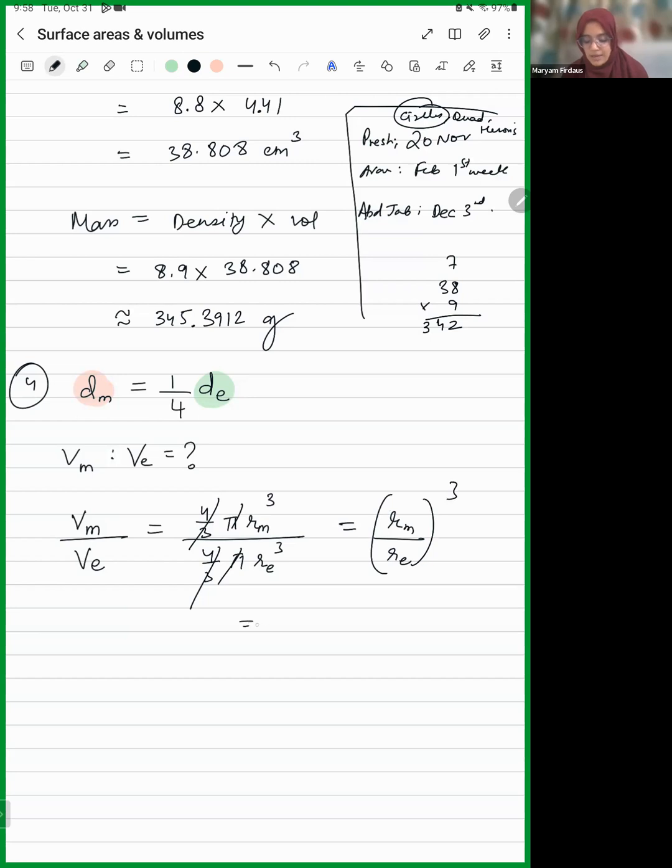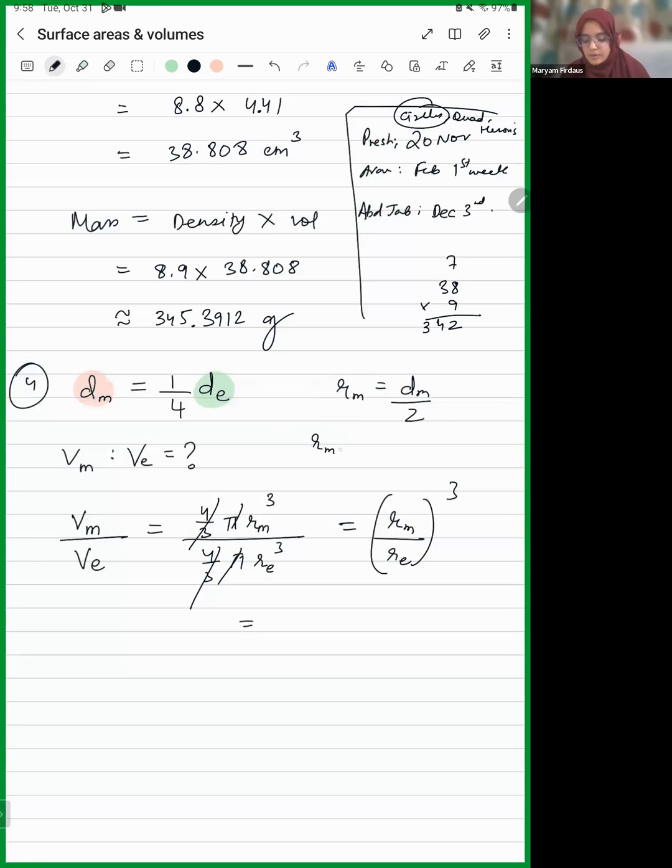Now, what is rm? The diameter of the moon is 1 by 4th of the diameter of Earth. So what is the radius of the moon? Radius is half of the diameter, which is something we know already. So if you want to find the radius, just divide the diameter by 2.